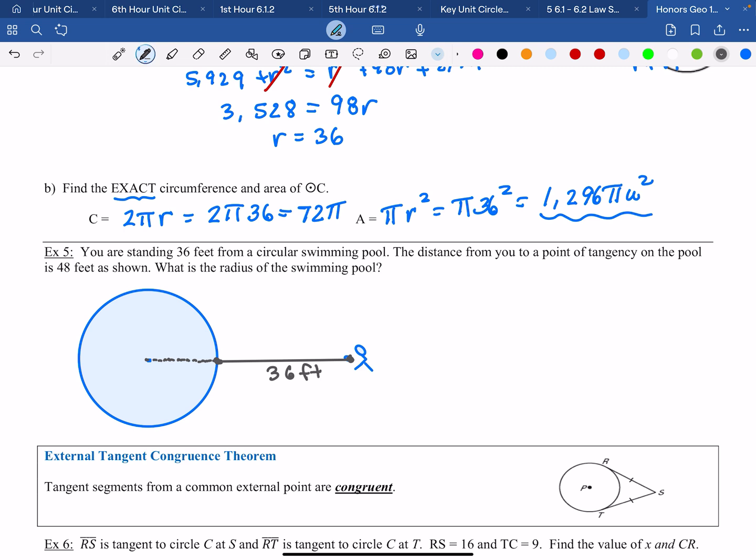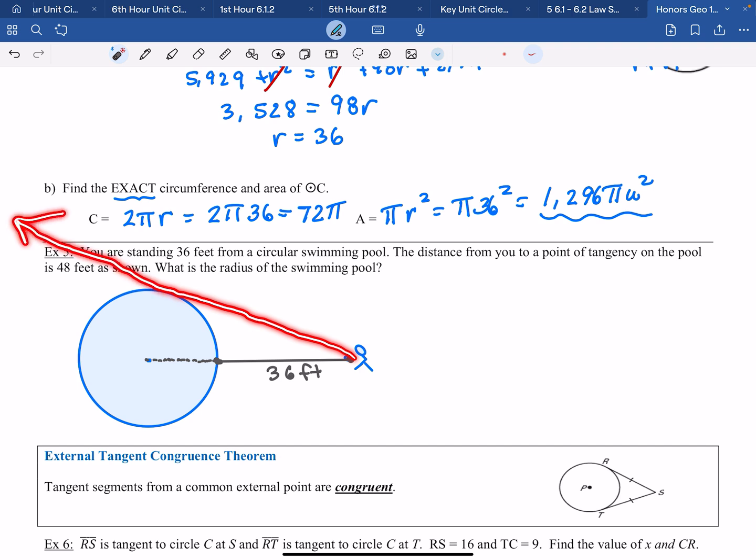And then it says the distance from you to a point of tangency on the pool is 48 feet. So if I say tangent, from you to the circle tangent, you want to imagine a line coming off of you, and it's going to hit the circle tangent.